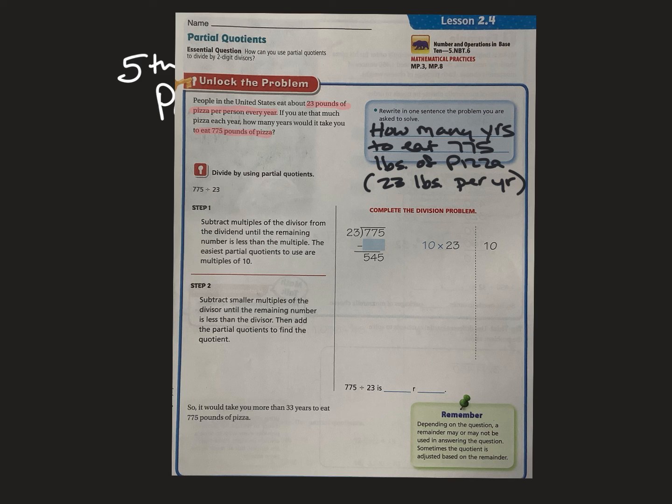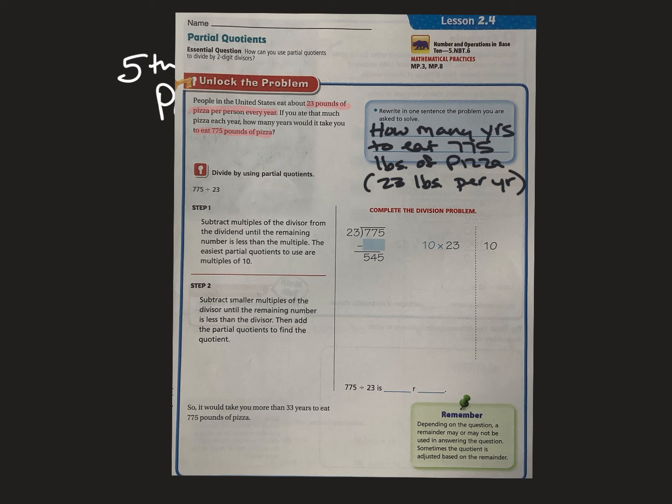And so if I'm splitting this 775 pounds of pizza into how much I'd eat in a year, which is 23 pounds per year, then splitting it equally is division. So we're going to divide 775 divided by 23.